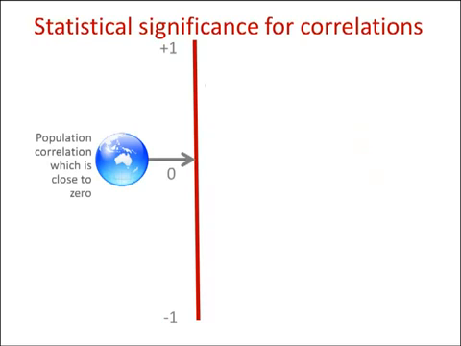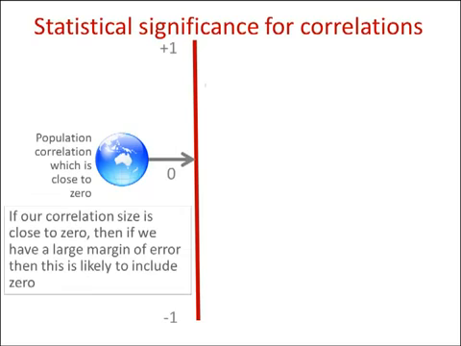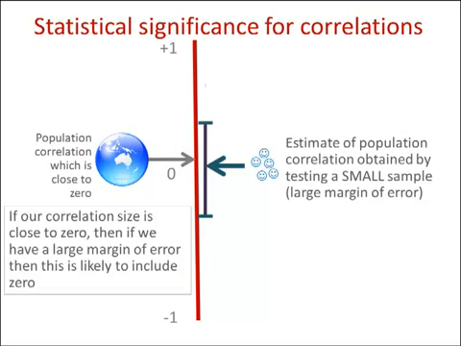Now let's look at a situation where we've got a population correlation which is very, very close to zero. That would be 0.1 or even less. It means that if we only use a small number of people, with a resulting large margin of error, that larger margin of error will include zero, and therefore makes it impossible to reject the null hypothesis that the population correlation actually is zero.